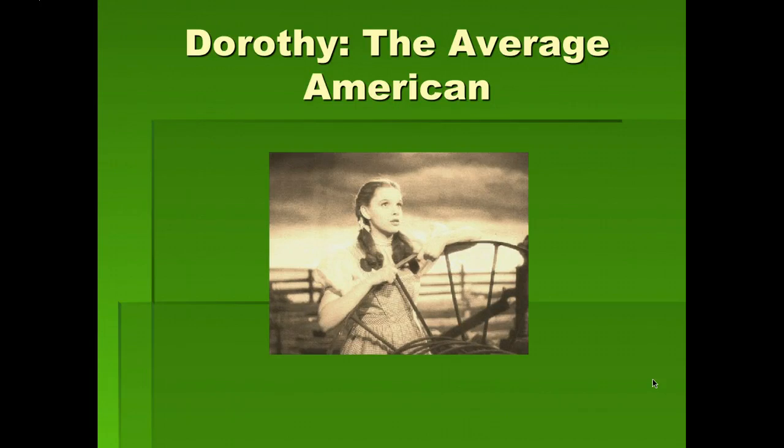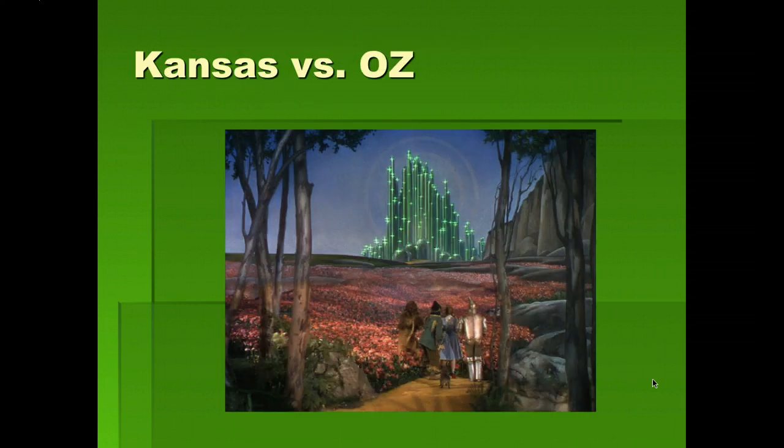Dorothy also represents the average American in Baum's opinion because she's innocent and naive and not really aware of the strange world that surrounds her. Now, when we begin the story in the movie version in Kansas, as well as in the book, Kansas in the movie is depicted as dull, as black and white.